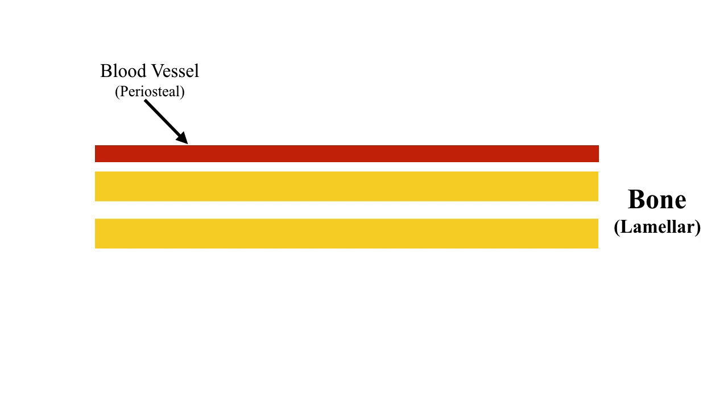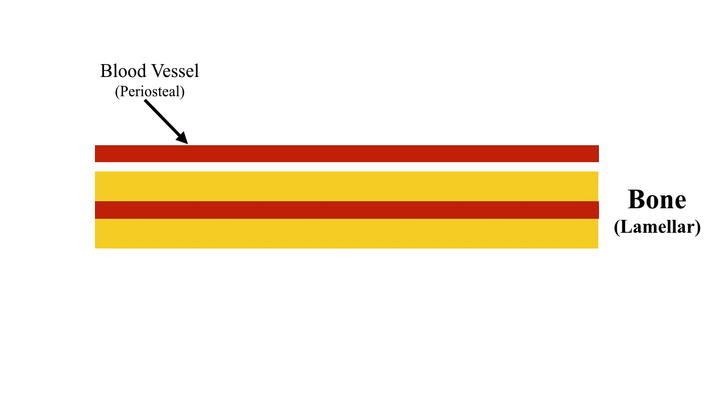This periosteal blood vessel supplies blood to the outer one-third of the cortex. There is another blood vessel within the medulla, called the intramedullary blood vessel, which supplies the inner two-thirds of the cortex. So this periosteal blood vessel and the endosteal or intramedullary blood vessel play a major role in supplying blood to the bone.